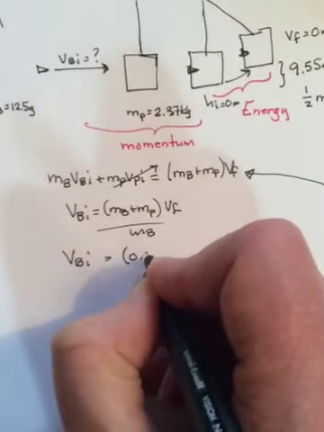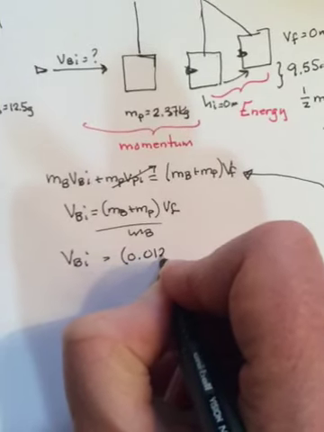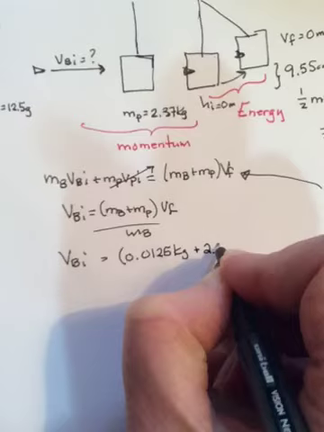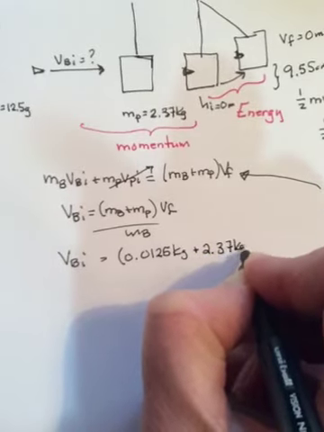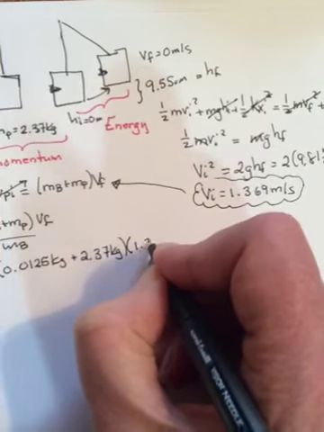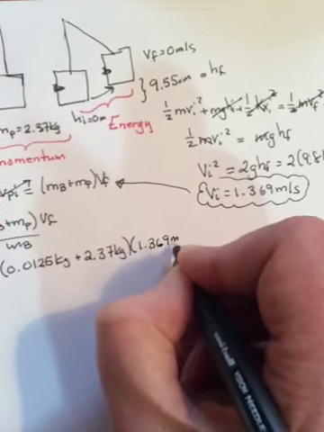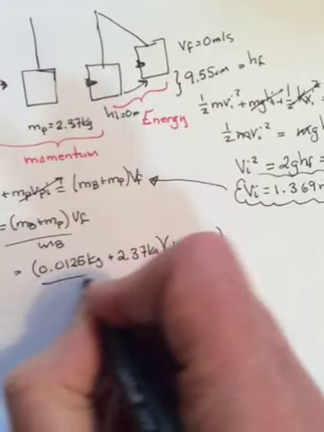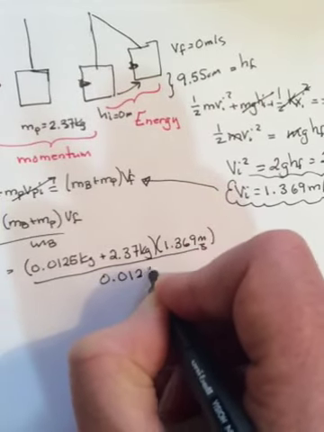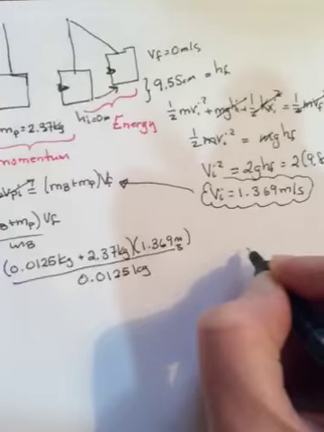So 0.0125 kilograms plus 2.37 kilograms, times that final velocity that we just found, 1.369 meters per second. And then on the bottom is the mass of the bullet, 0.125 kilograms.